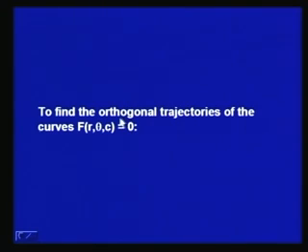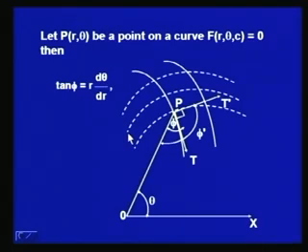Now, let us take the case of a polar equation f r theta c equal to 0, and let us find the orthogonal trajectories of a polar family of curves f r theta c equal to 0. So, here let P r theta be a point on the curve f r theta c equal to 0.